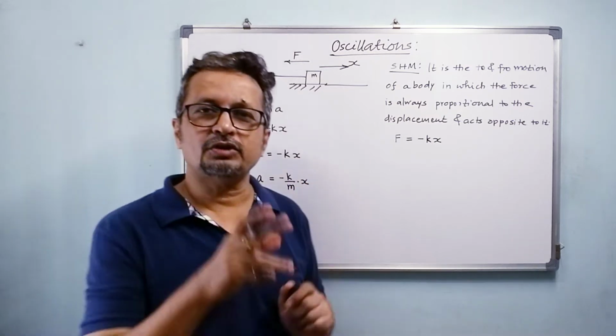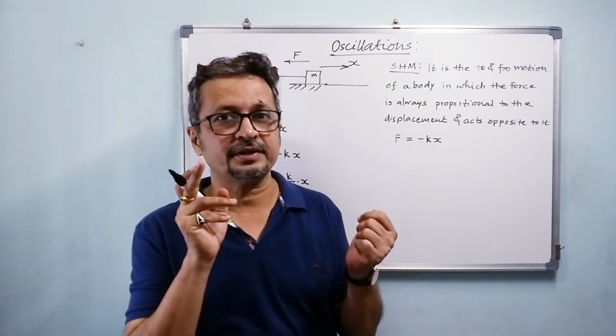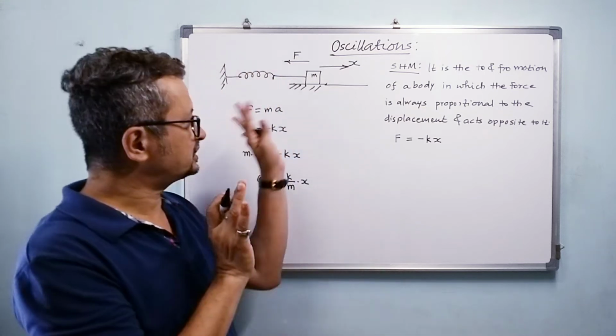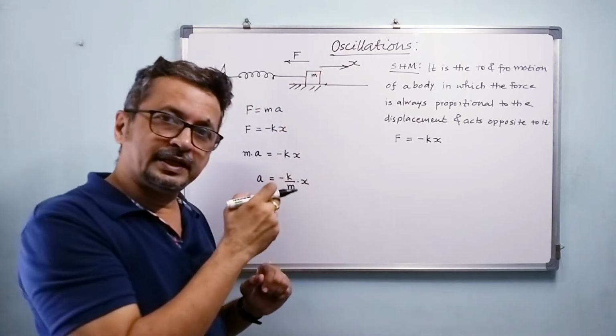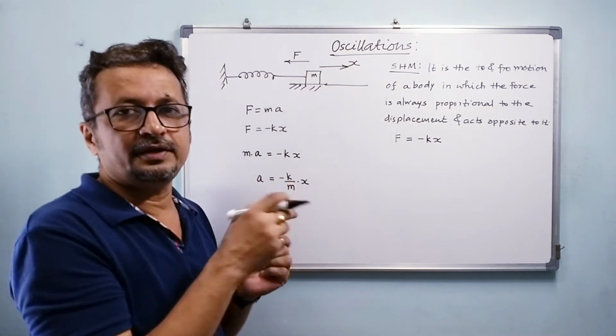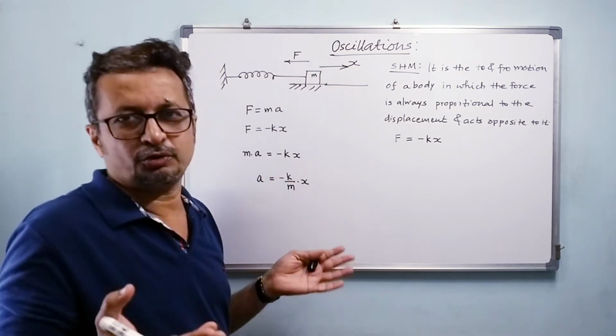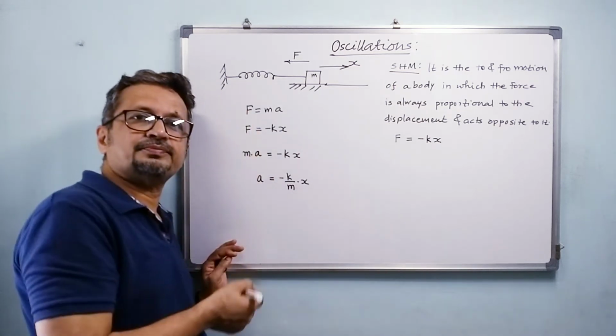Now what is k? Is it not the spring constant, or force constant, of the spring? So k is constant for the system. What about mass? Because of the application of this force, or because of the displacement towards the right, is the mass going to change? It is not going to change, so even mass is constant for the system.